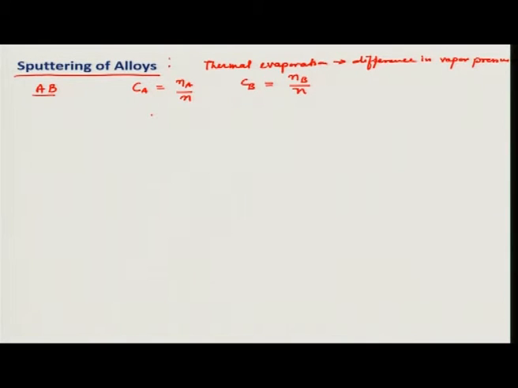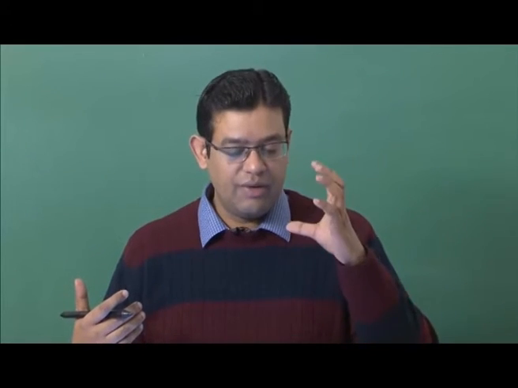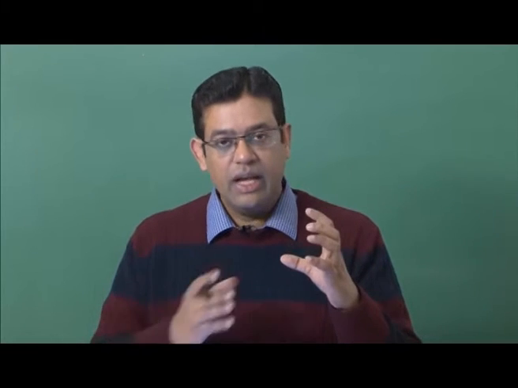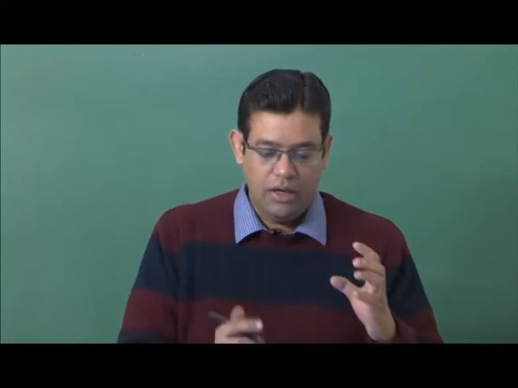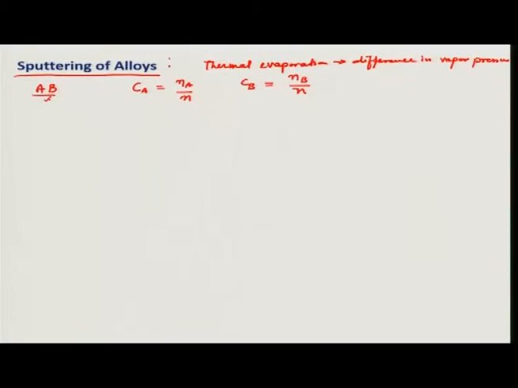The energy of the ion is fixed because our target is made of the same alloy AB with a certain composition. The sputtering yields are different, Sa and Sb. So the sputtered flux will depend on the concentration and the sputtering yield.